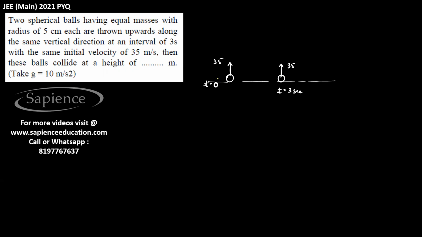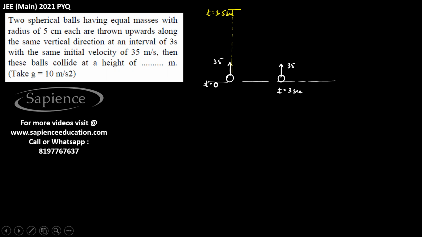Important thing to observe: the ball is thrown at a speed of 35 meter per second, and we already know that in 1 second under gravity the speed will decrease by 10 meter per second square. So the time taken to reach the topmost point for the first ball will be equal to 3.5 seconds. So after t equals 3.5 seconds, the first ball will reach the topmost point.